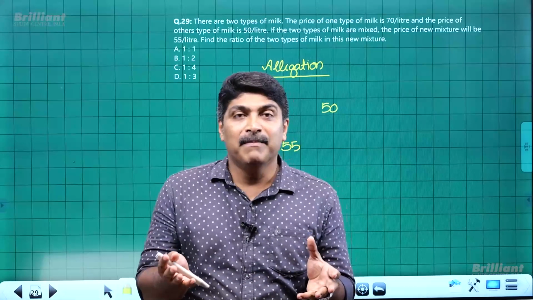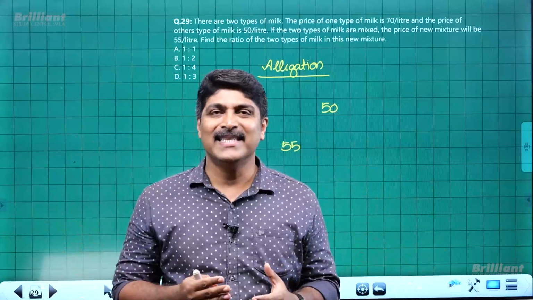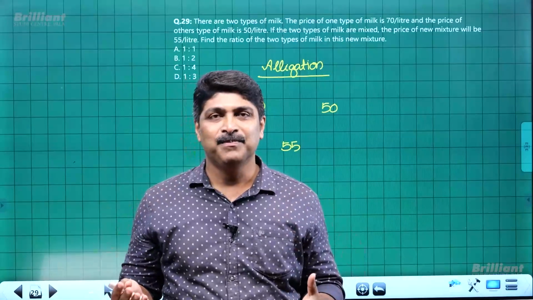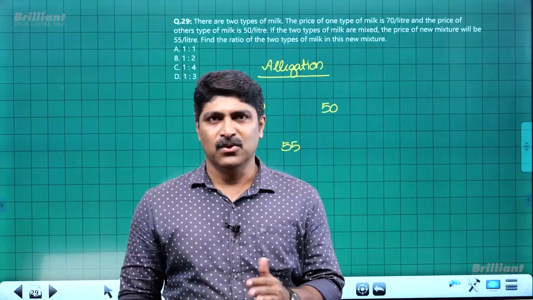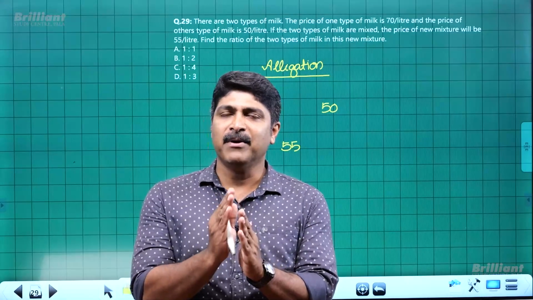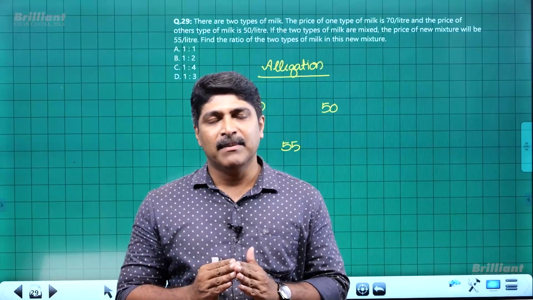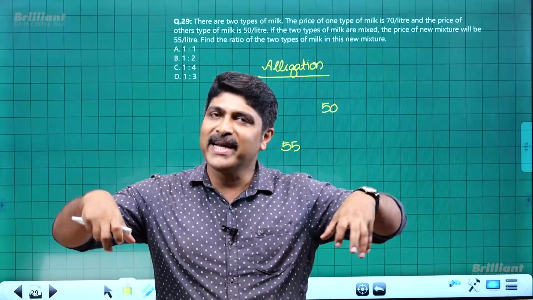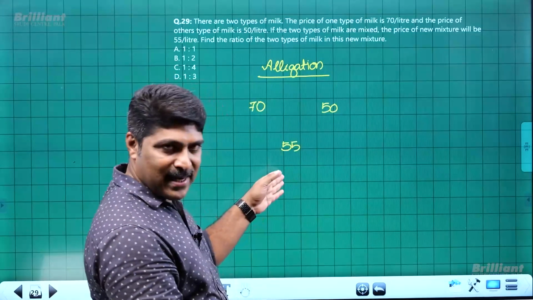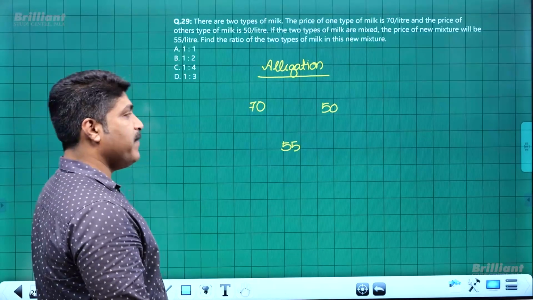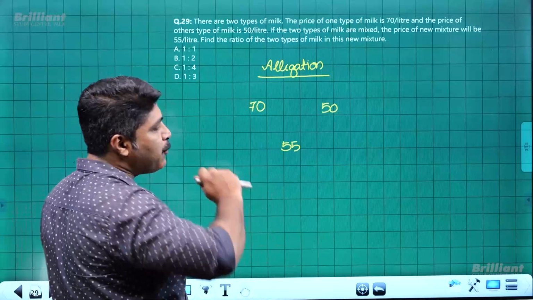You mix both varieties in certain quantities, and the average is rupees 60. What does it mean? 60 is the exact midpoint of 50 and 70, so that means you purchased both varieties in equal quantities. Here it's not like that, right? Here it is 55. So we are going to find out in which ratio we have to mix these 2 varieties together.